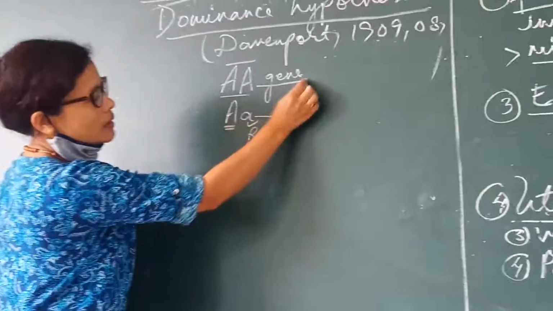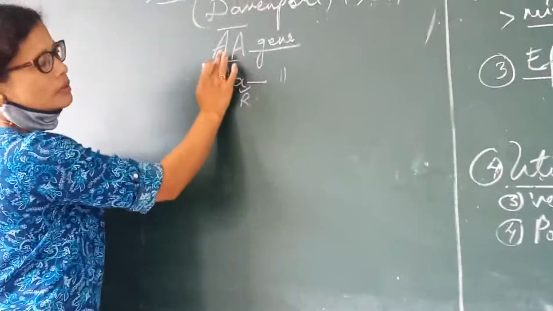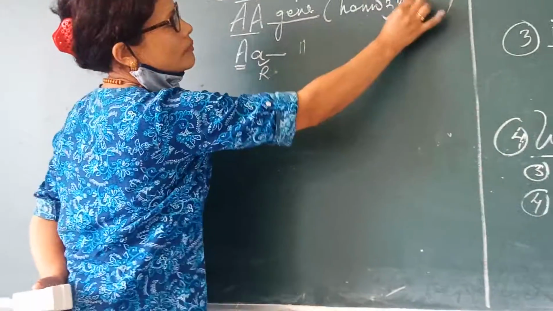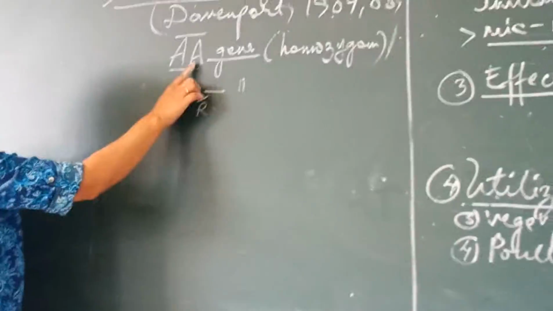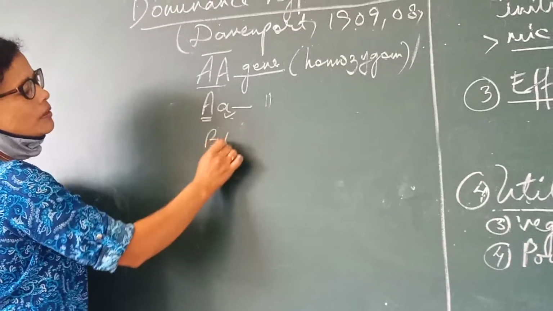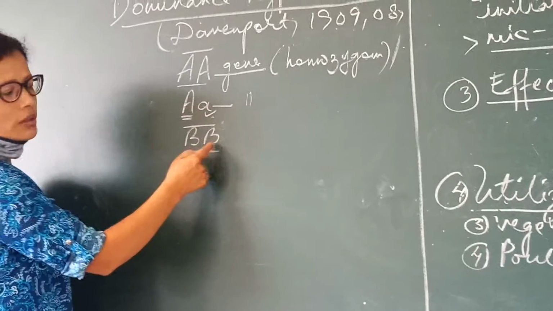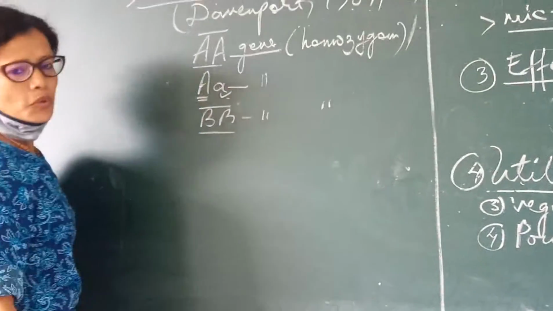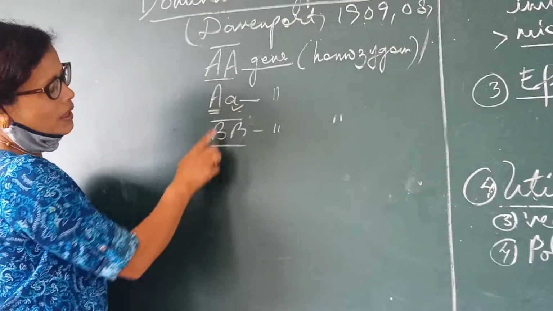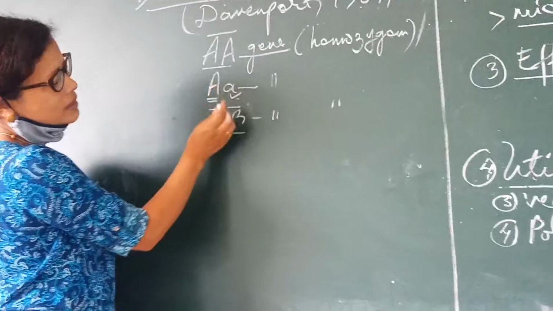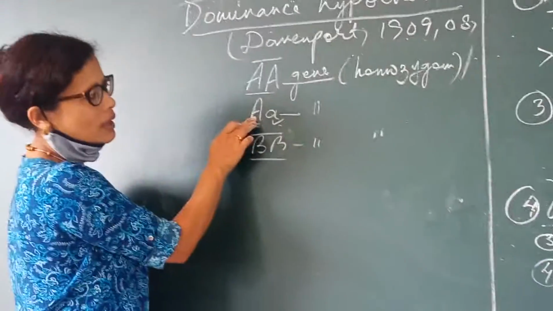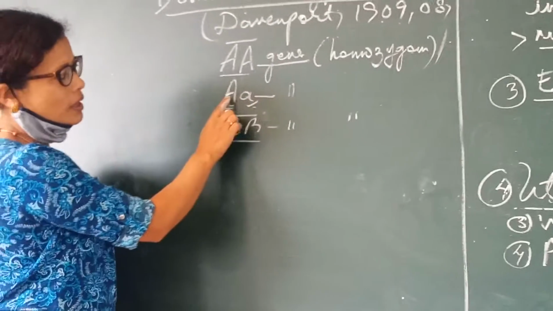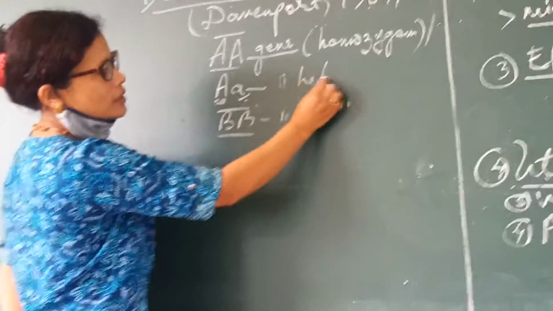If you look here, both the genes are dominant, both capital letters, so this gene is called homozygous. Now if I write BB, then again this represents a gene, and since both are written in capital letters, these are also a homozygous condition. Now when you look here, in this gene one is represented by a dominant and one by a small letter, that is a recessive factor. So this combination is known as heterozygote.